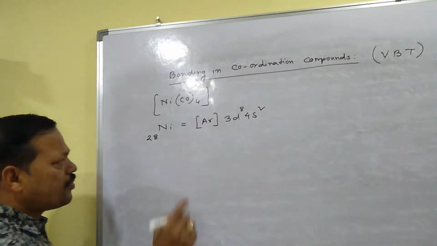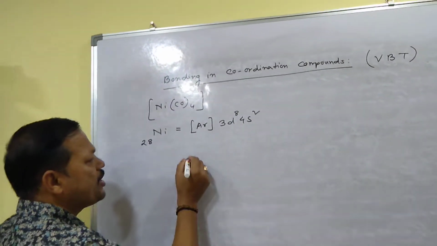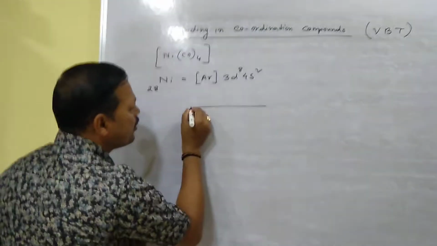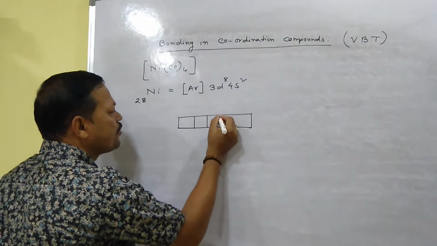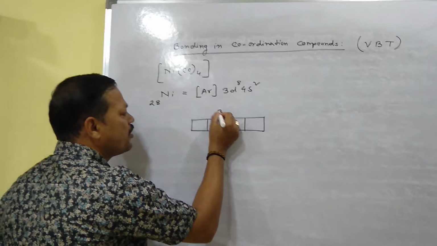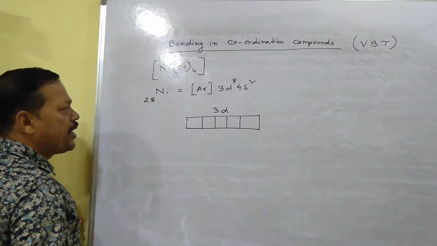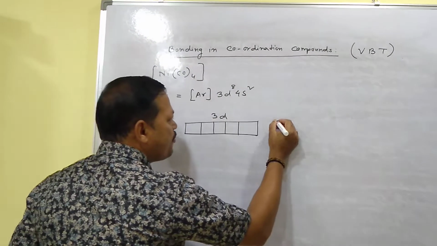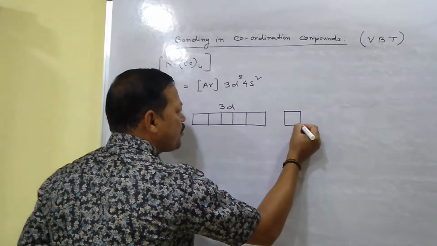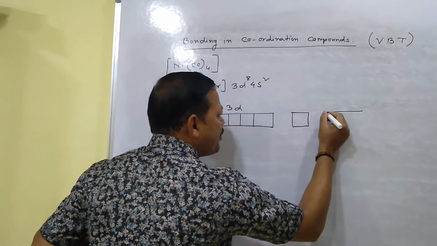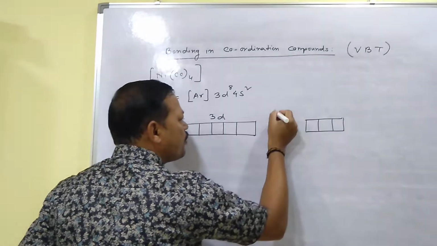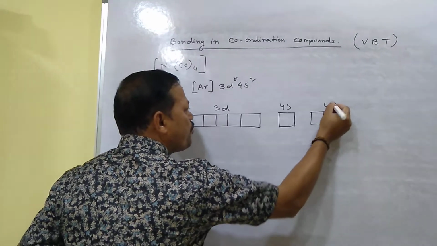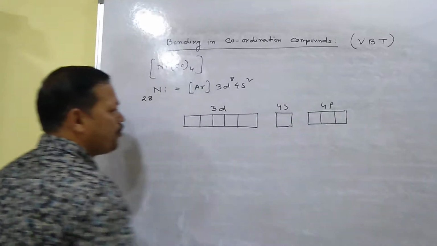Now I will show you the valence configuration. This is 3d8. As you know, there are 5 d orbitals. These are the d orbitals of nickel, and this is the 4s orbital. After that you get the 4p orbitals, which are vacant: 4px, 4py, 4pz.